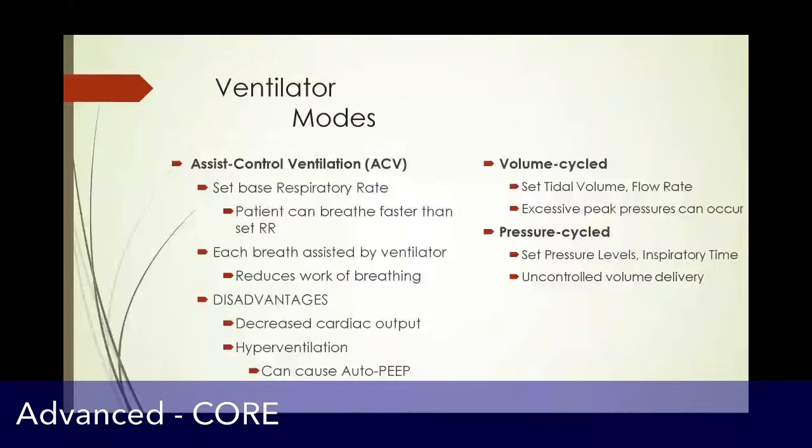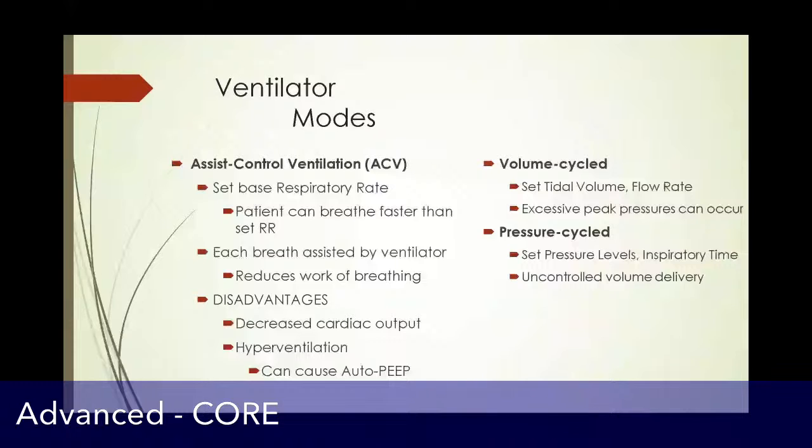So if you were to choose volume cycled, you will choose the tidal volume, you will choose the flow rate, and then whatever pressure it takes to deliver that volume, to open up those lungs, it's going to use that pressure until it achieves the tidal volume. So obviously you can have very high pressures in the lungs in this case, and it can cause lung injury.